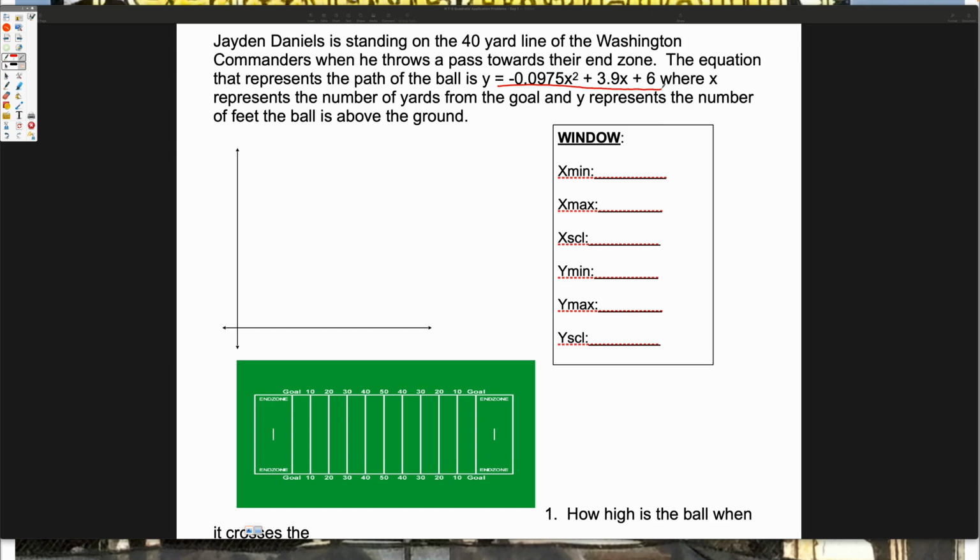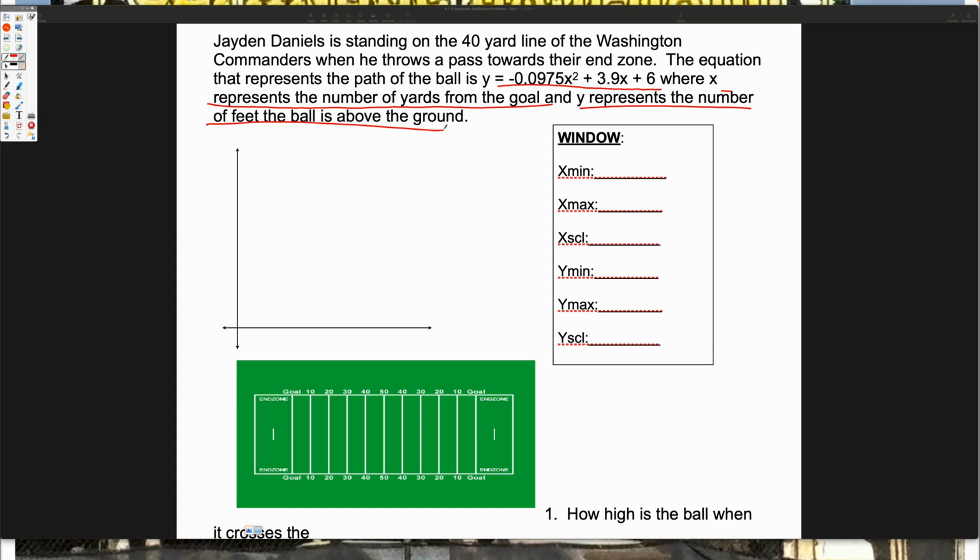Another important thing: x is the number of yards from the goal, so it's your distance, basically. And y represents the number of feet the ball is above the ground, so the height of the football. So he's throwing the football.